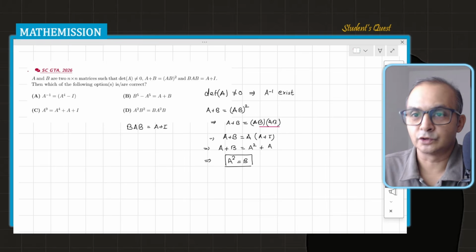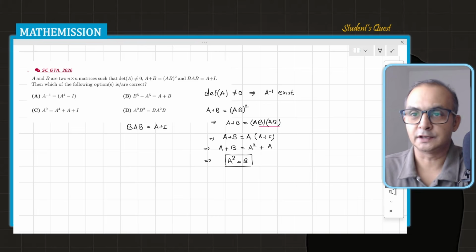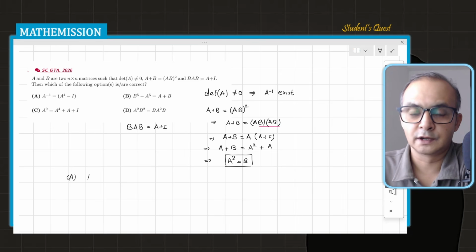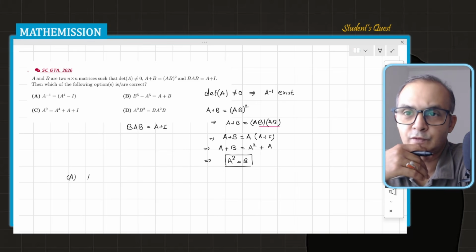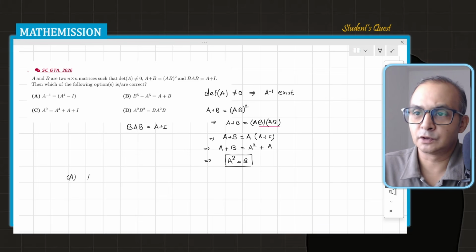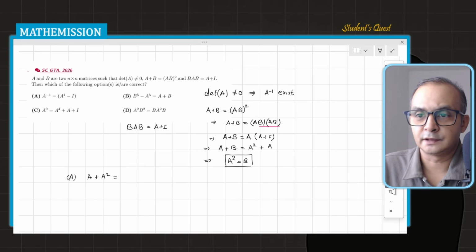A squared is equal to B, we got. And this information we are going to use in such cases. So let's see the first one. The option A is saying A inverse is equal to A to the power 4 minus I. So how do we get A inverse is equal to A to the power 4 minus I? You notice one thing. From this statement, A plus B is equal to (AB) squared, what we can write is A plus A squared is equal to A, and B is now A squared.